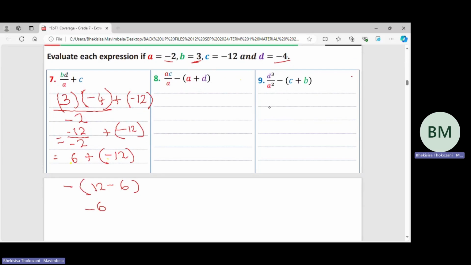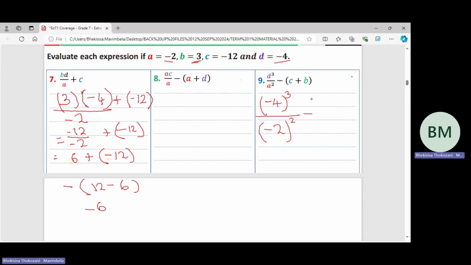So for D, it's minus 4, all to the power 3, divided by our A, which is minus 2, everything to the power 2, and we're going to minus this minus here.